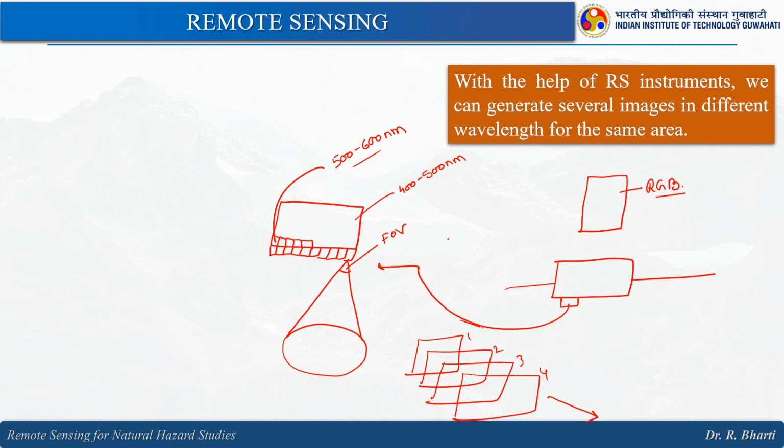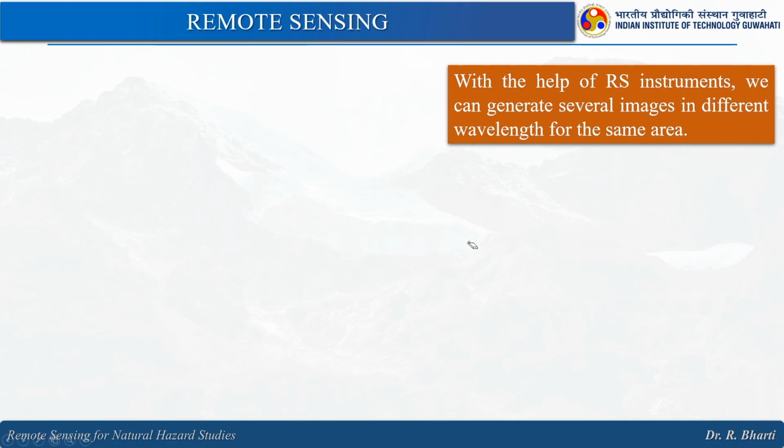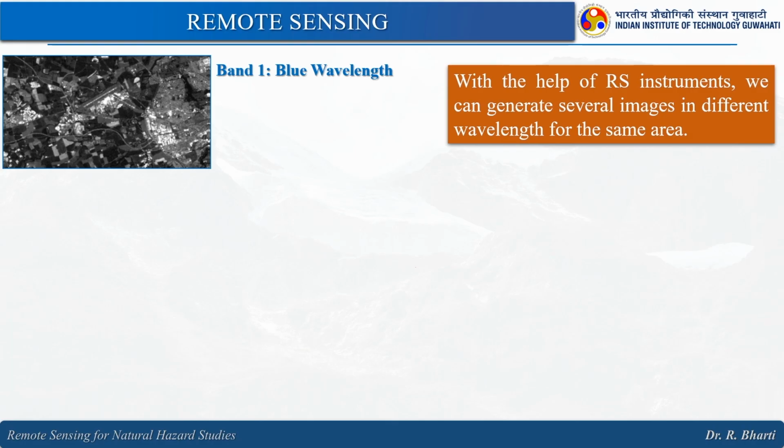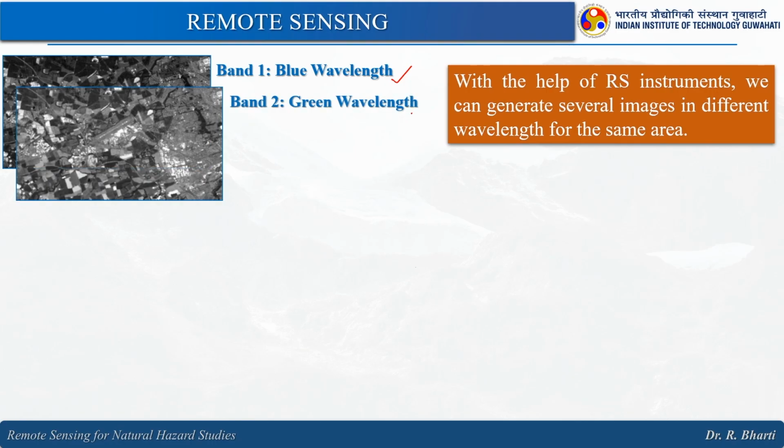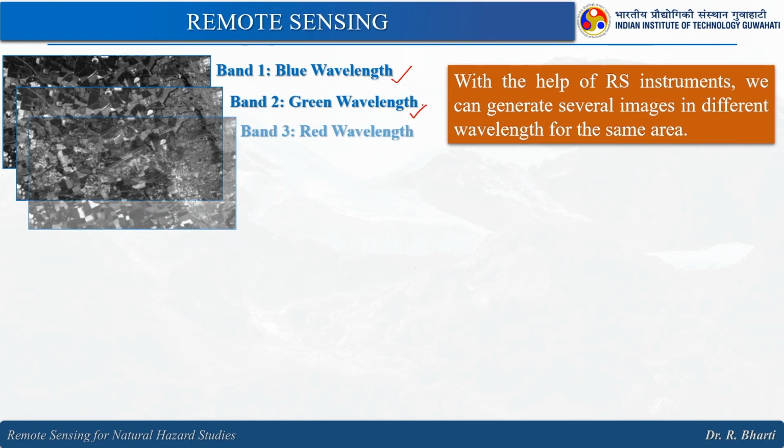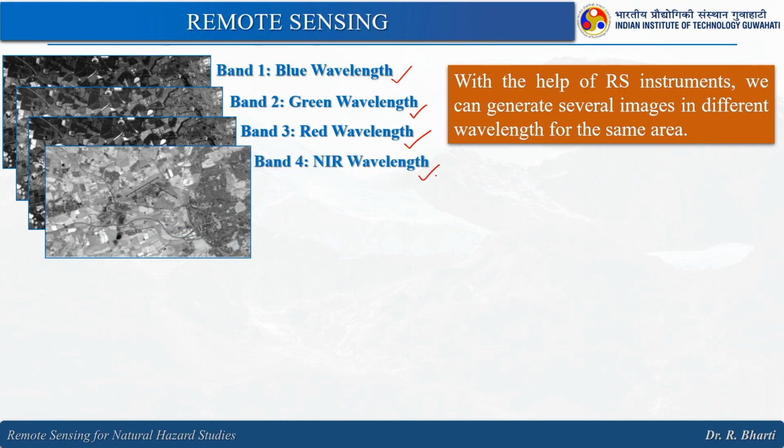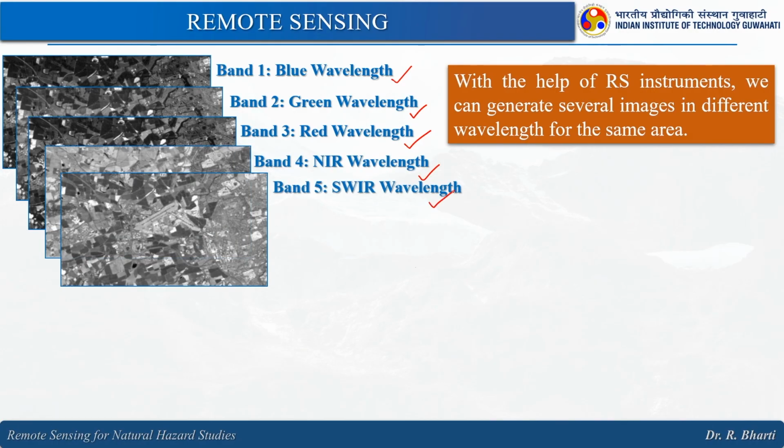This kind of information is available to us, which cannot be generated with our regular camera, and you need to be clear on that. For example, this is one image generated with blue wavelength, then another image generated with green wavelength, this is another with red wavelength, then this is NIR wavelength and SWIR wavelength.